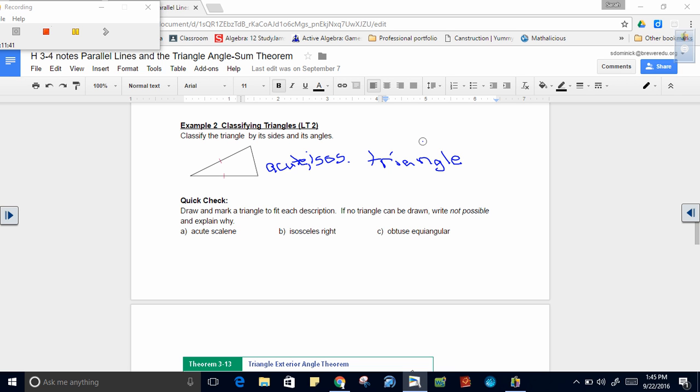For your quick check, they want you to draw and mark a triangle to fit each description. If no triangle can be drawn, write not possible, and explain why. So acute scalene, acute means all of my angles are less than 90. Scalene means that they're all going to be kind of different.